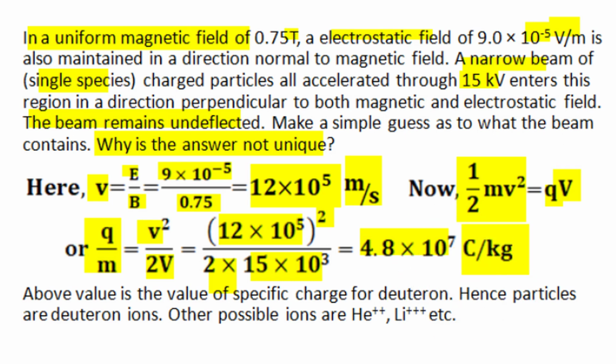value is the value for deuteron, which is nothing but an isotope of hydrogen having 2 AMU mass and 1 electronic charge.